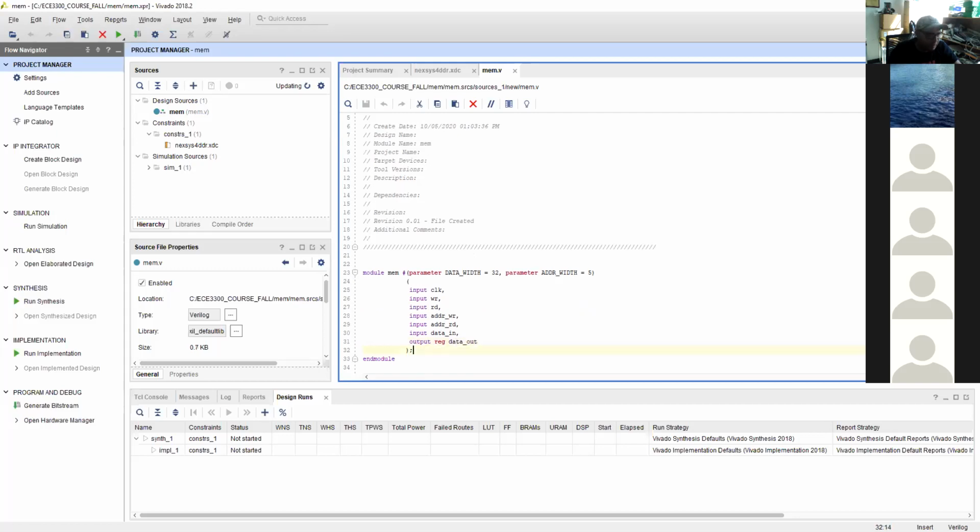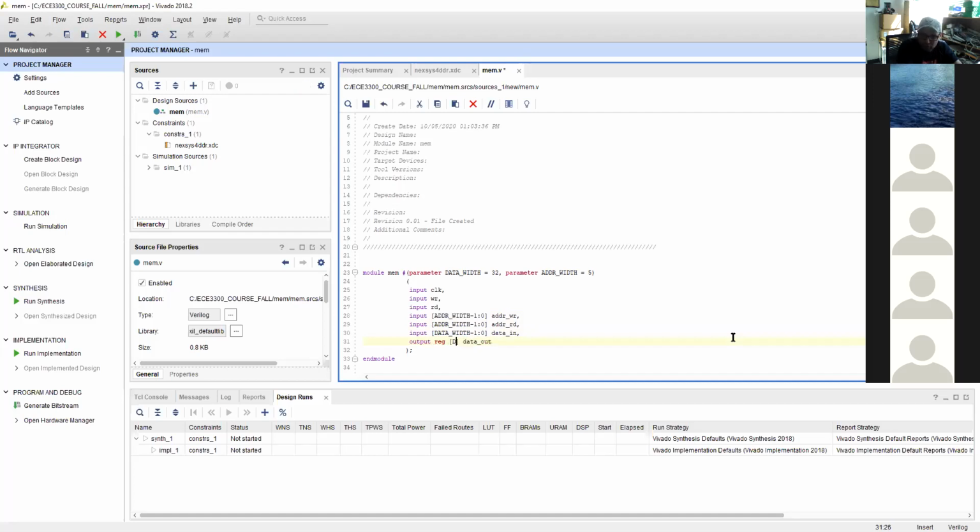So far so good. But then we need to check what those sizes are. Address write is going to be address width minus 1 down to 0, and the output here is going to be the same size.